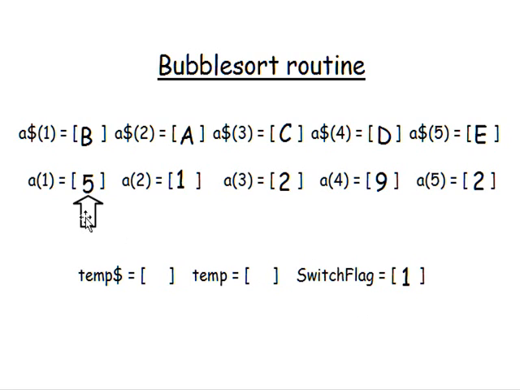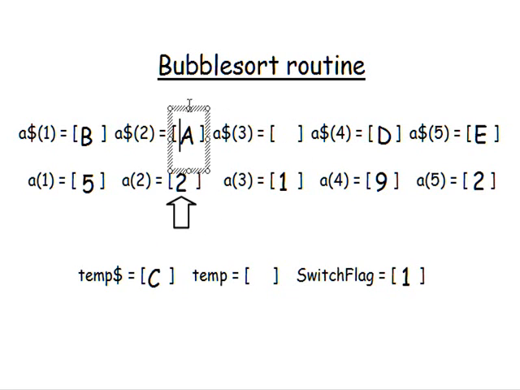Now let's move on. So we move our pointer on to the next variable. Right, 1 and 2. Now they need swapping again. So I'm going to put the 2 into the temporary variable. I'm going to move the 1 over to the right hand side, and I'm going to put the 2 back. Likewise, I'm going to put the C into the temporary area.